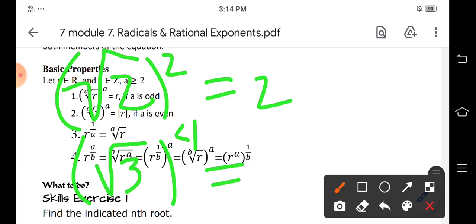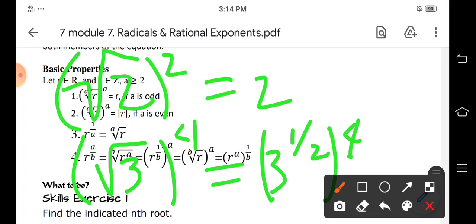So what is the result? We have 3 to the power of 1/2 raised to the power of 4. So that will result into, okay, 1 times 4 is 4, so 4/2 is 2, so the result will be 9.